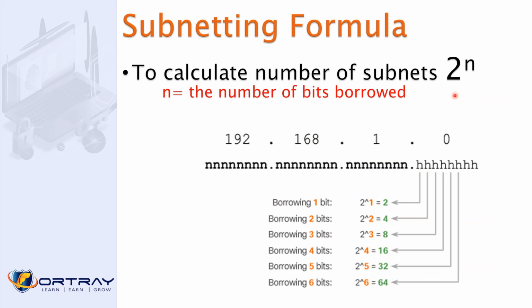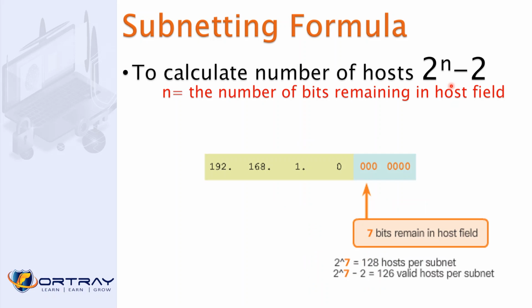How many networks are you going to create? The formula is 2 raised to power n. And in each network, how many hosts will it have? The formula is 2 raised to power n minus 2, because we lose 2 IPs, 1 network and 1 broadcast, always.